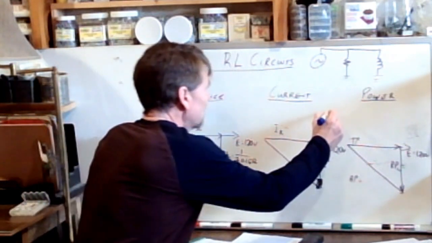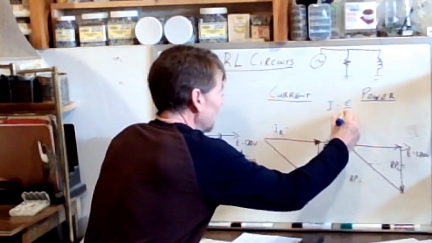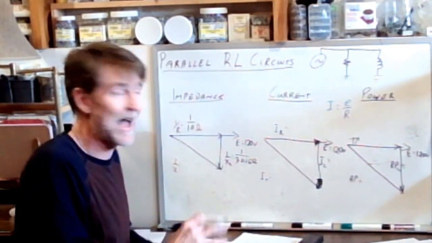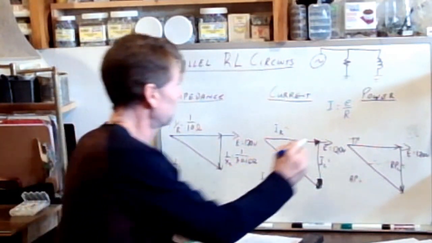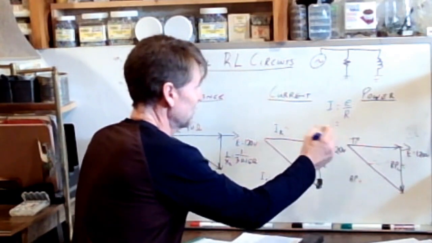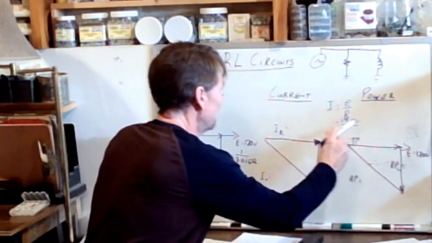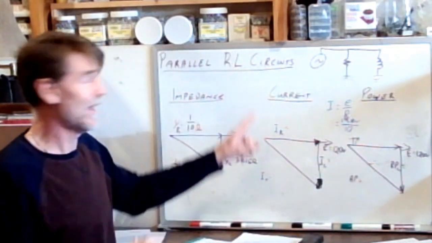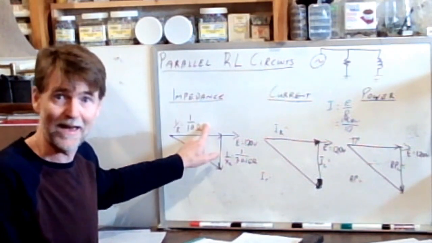So what does current equal? I equals E over R. Okay, you learned that a very long time ago, and that's actually exactly where we're going to start solving this particular circuit. So E, 120 volts, divided by R, which is 10 ohms, okay, and we are absolutely using the value 10, not the inverse of 10, okay.